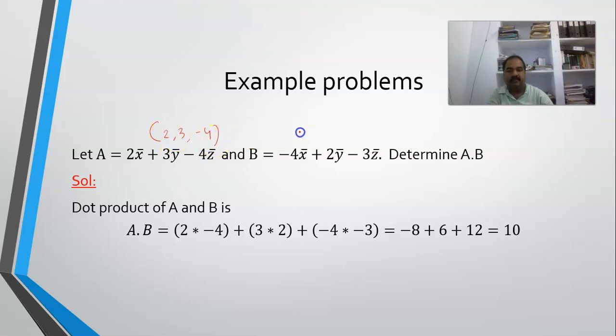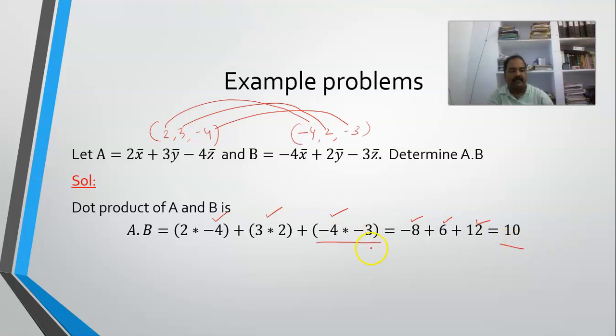And the other is the B vector with coordinates minus 4, 2, minus 3. The dot product of these two vectors, as we have discussed in the formula, is 2 into minus 4 plus 3 into 2 plus minus 4 into minus 3. So it is minus 8 plus 6 plus 12.